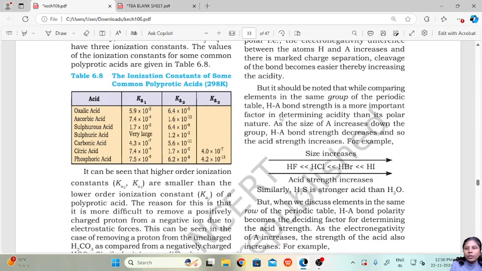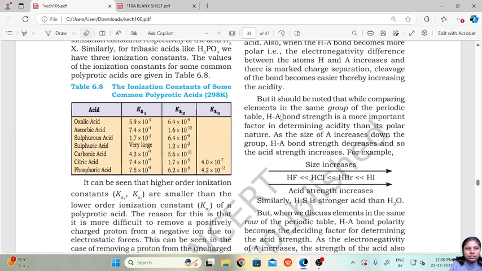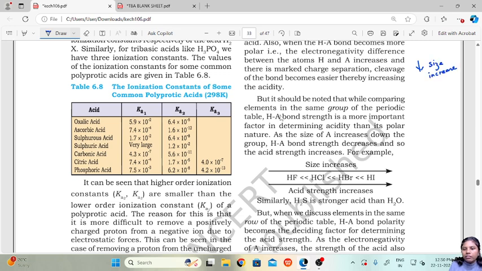As we move down, size will increase, correct? So say we have fluorine, its size is this, then we have chlorine, its size is going to be this, then bromine size will be this, and last we have iodine, size is this.